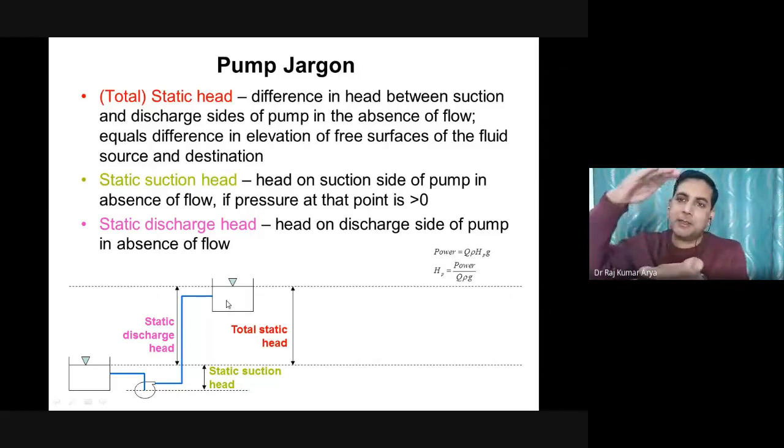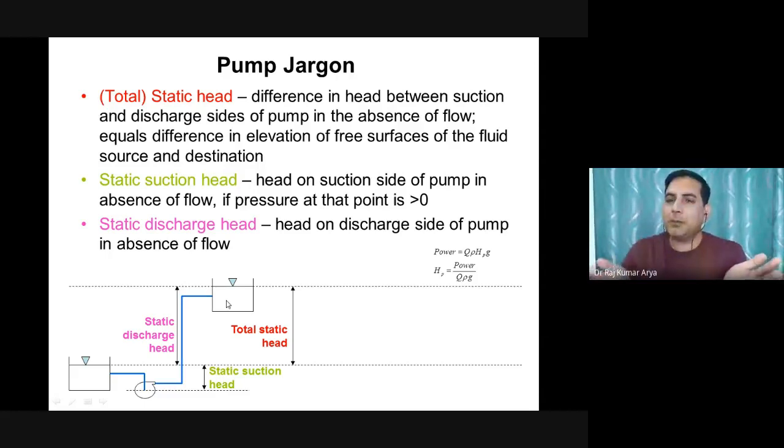The entire fluid is there in that pipe only, and due to that, the temperature of that fluid will get heated up, over time will convert to vapor, and finally your pump will burn out. So those things need to be taken care of all the time: what should be the head delivered by the pump. My discharge point should be either equal to that or slightly less than that to serve the purpose well. Did you get the point?